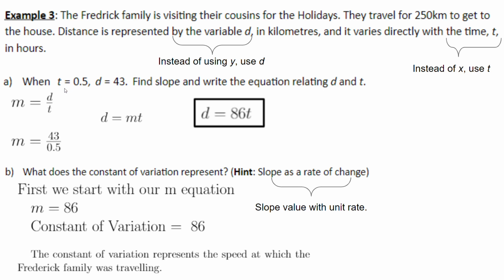So in our example, we had t equals 0.5 hours, so 30 minutes, and d was 43 kilometers. So in 30 minutes, we drove 43 kilometers. So if we were to put that in hours, which is what we did here, in 1 single hour, we would travel 86 kilometers an hour.